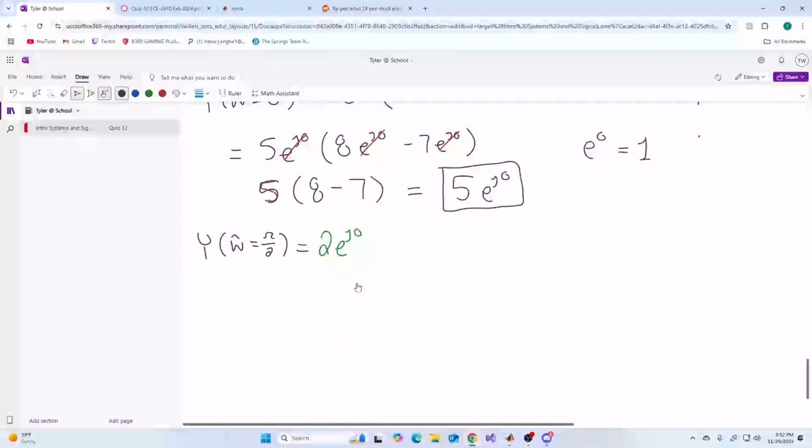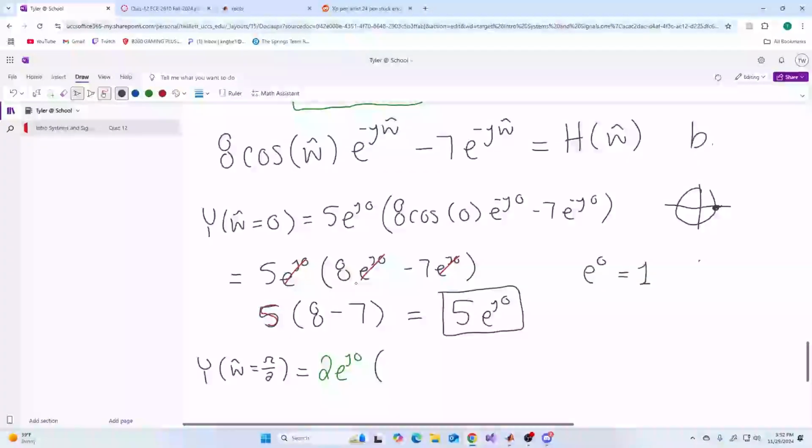Now, everywhere in this other function where we saw a w hat, we're going to replace it with pi divided by 2. So I'm going to have 8 cosine of pi divided by 2 e to the negative j pi divided by 2 minus 7e to the negative j pi divided by 2.